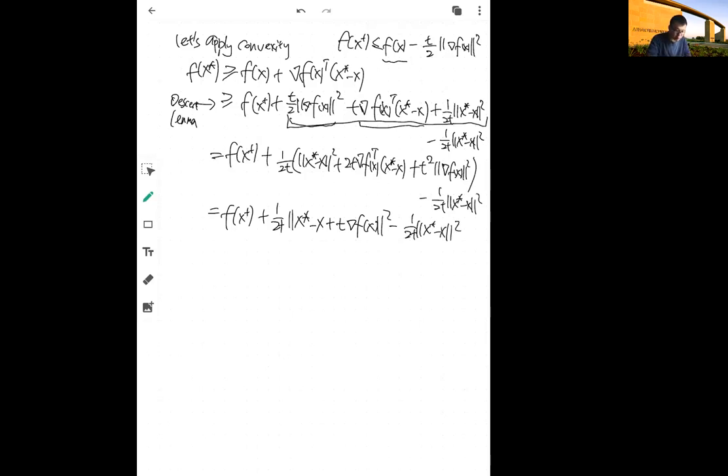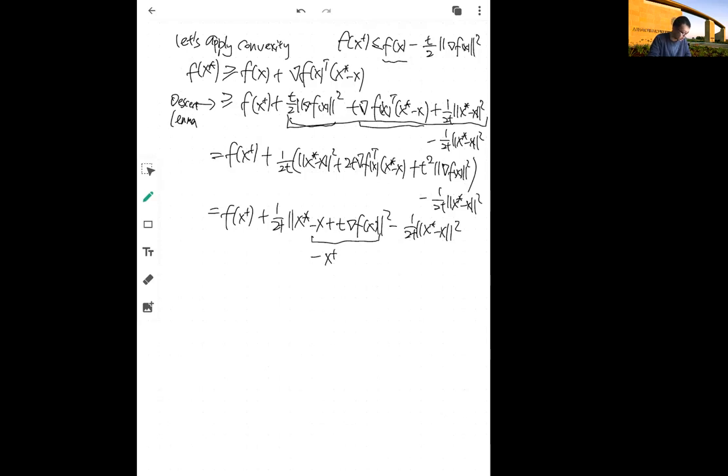Okay, but what is this? This is the same as minus x plus, by the algorithm of gradient descent with step size t.